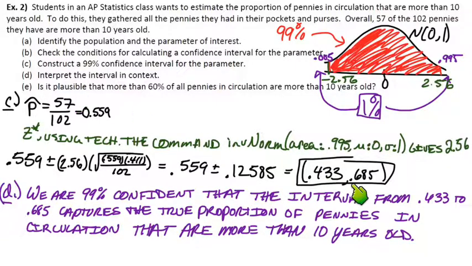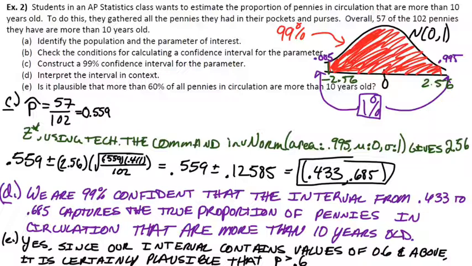Our interval is a bunch of plausible values for P. So for part E, yeah, it's definitely plausible. Why? Because our interval contains values of 0.6 and above. So we would say it's certainly plausible that P could be greater than 0.6. And remember, P is the true population proportion of pennies in circulation that are more than 10 years old.